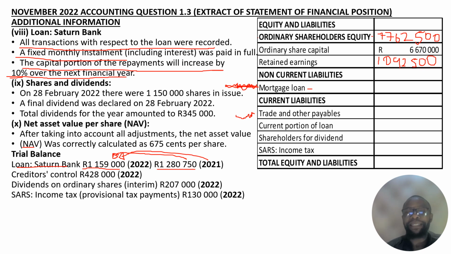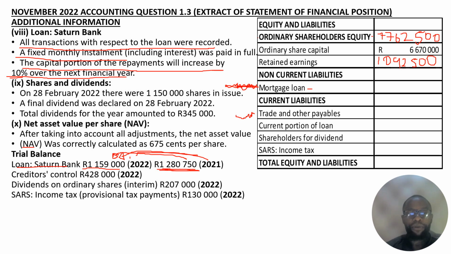But before you calculate interest, you take the current loan amount, you deduct the current portion, you have the balance, and then you multiply with the interest that you are given. I think it's capitalization of interest. Yeah, capitalization of interest.